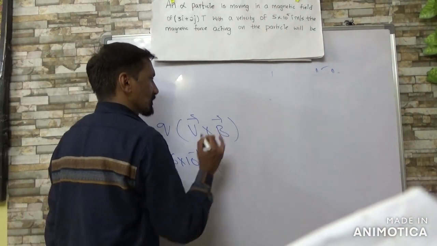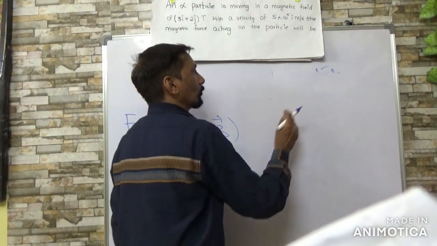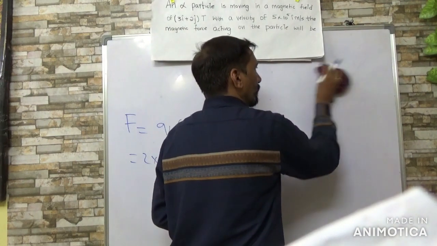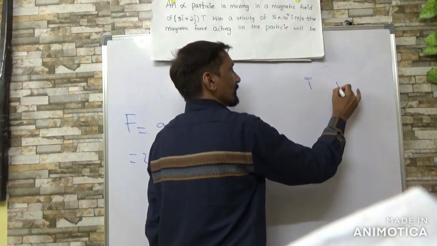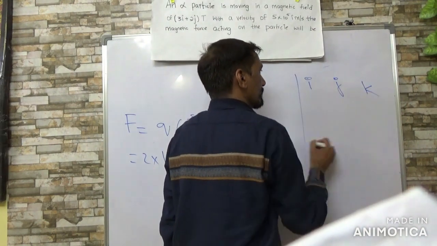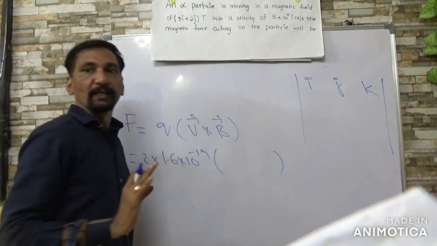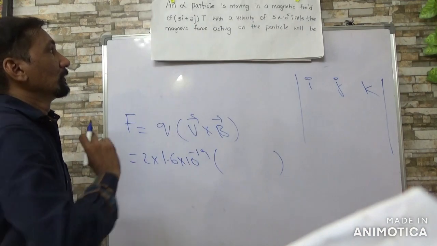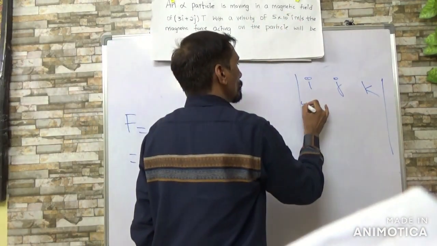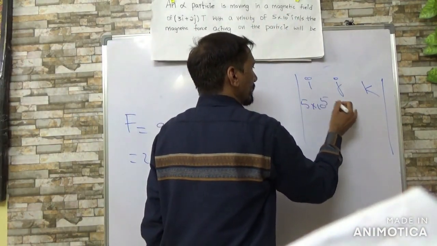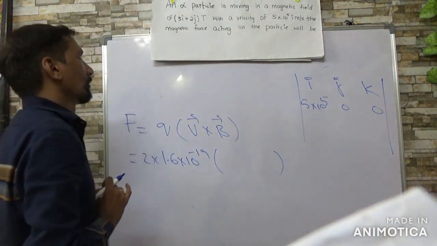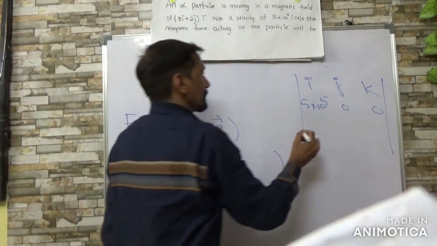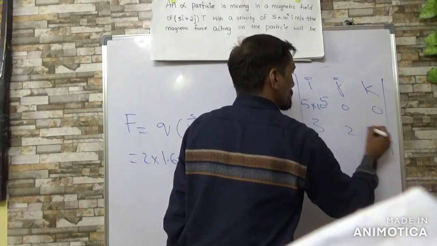Now this cross product: how to find the cross product of 2 vectors? I, J, K. First you are taking V, so 5 into 10 power 5, that is the I quotient, cross B, so 3, 2, 0.